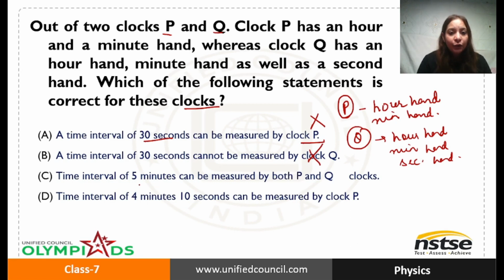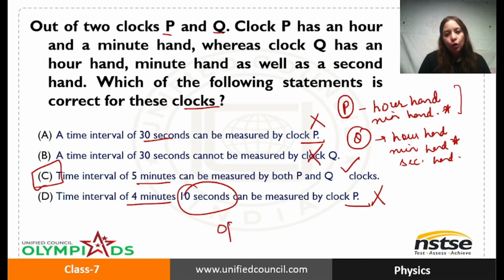Time interval of 5 minutes can be measured by both. Yes, because both of them have got a minute hand. Time interval of 4 minutes 10 seconds can be measured by clock P. Again, no, because it can measure 4 minutes, but it cannot measure 10 seconds because it doesn't have a second hand. So here the correct statement is only one, that is option C. Option C is the correct one.